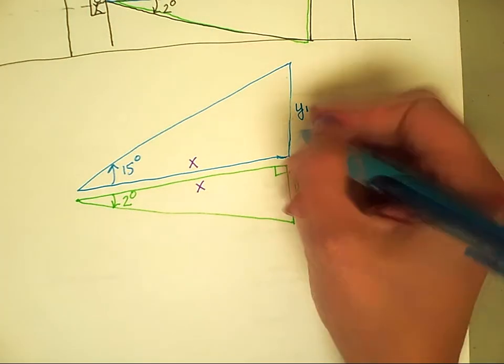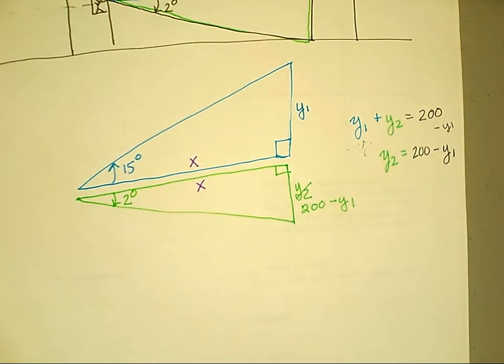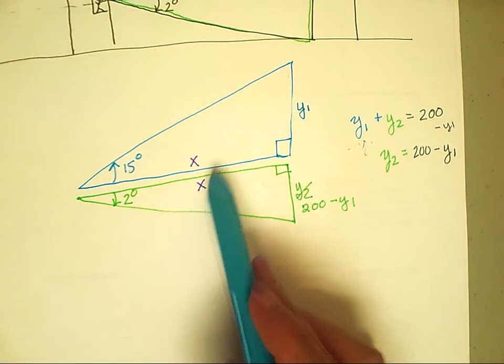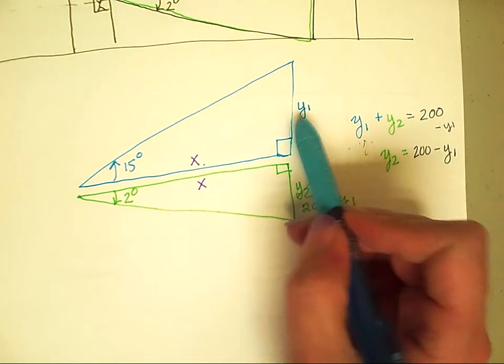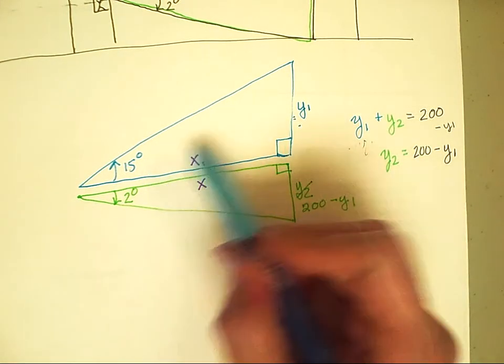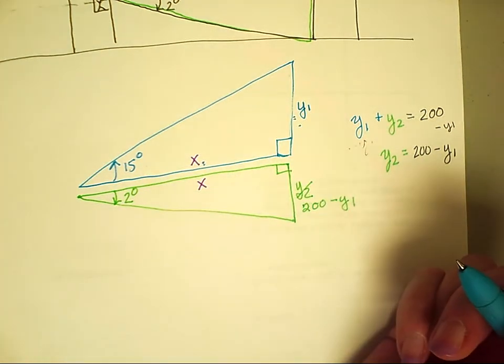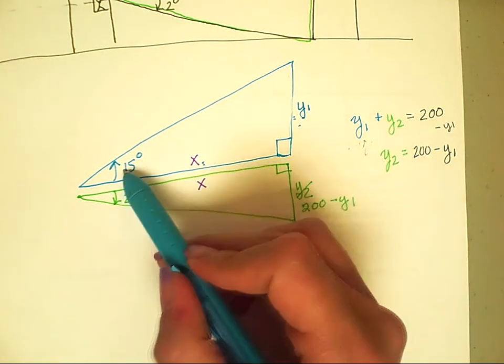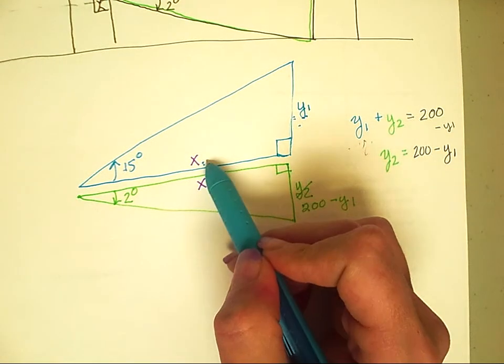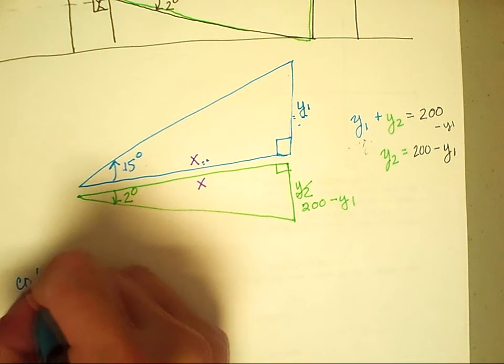Let's see, these are also right triangles. We know that. Okay. And we're looking for x. Okay, let's begin. Let's say something about this. So we know then the tangent would be y1 over x.